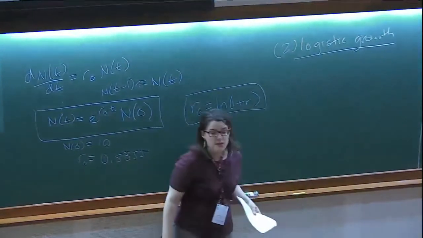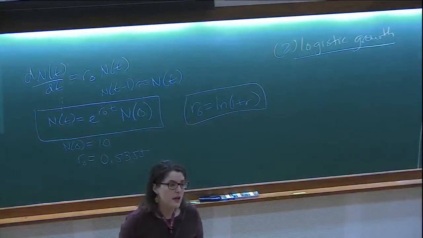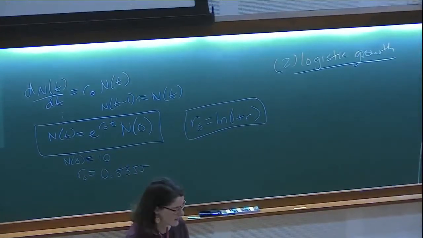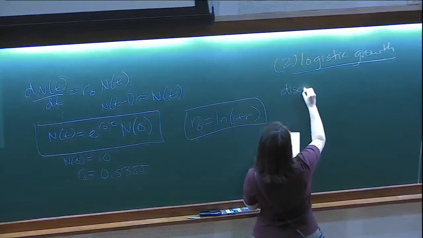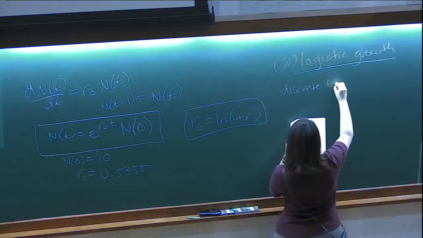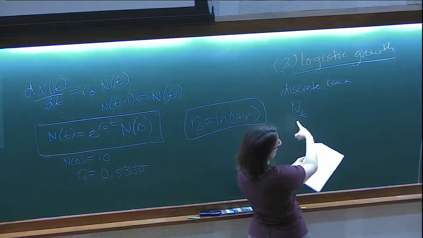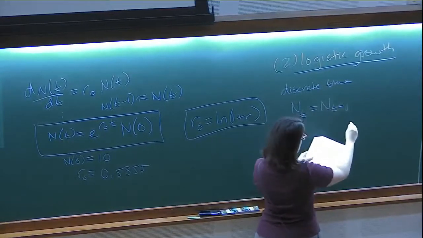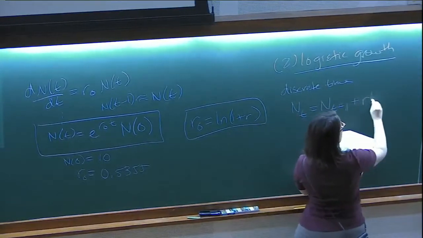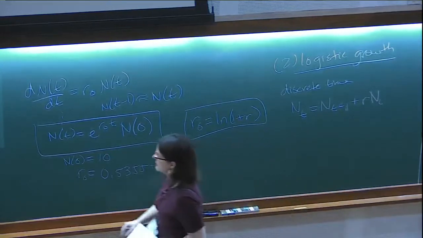And we can introduce another parameter, something called a carrying capacity, which defines how quickly this process sort of saturates. And again, in discrete time, we'll write it this way. The number of individuals at time t is, again, the number of individuals that were there before. No one's dying. And we have a term.